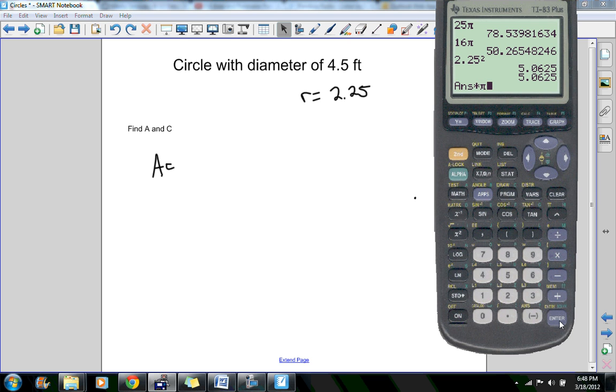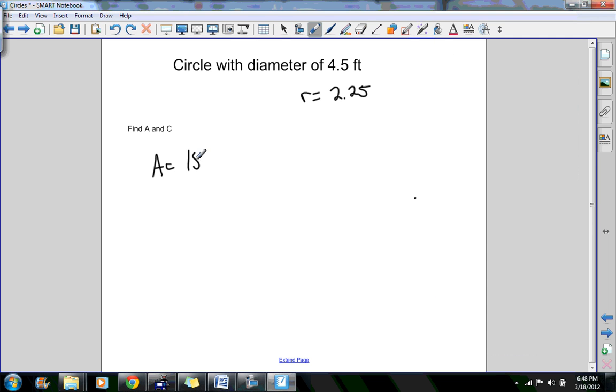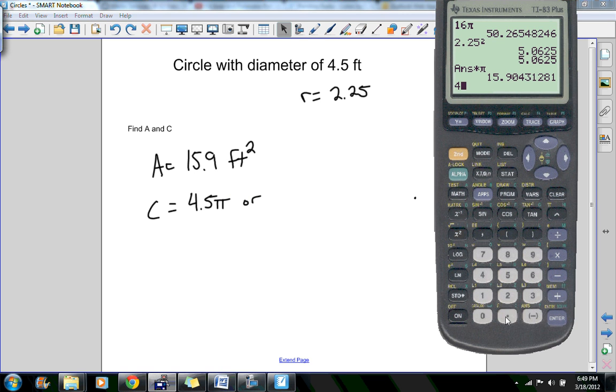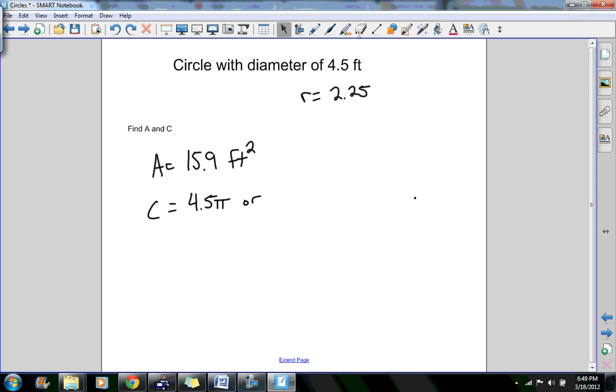Now if you answer it in the pi form, that's just fine. But I'm going to go 15.9 feet squared. The circumference is going to be 4.5 pi, or 14.14 feet.